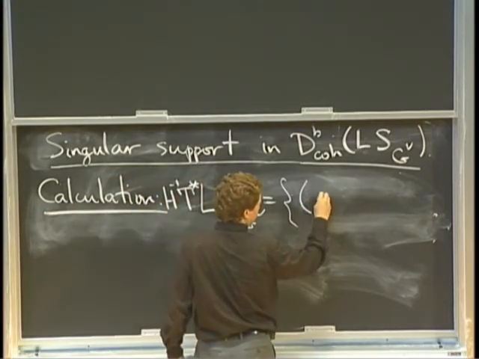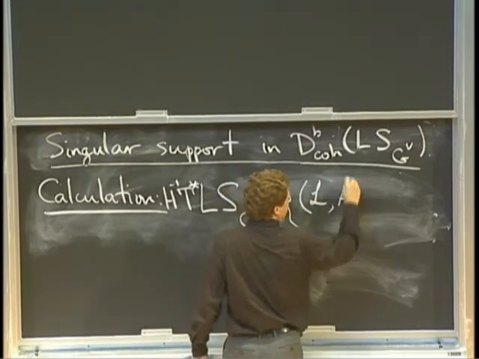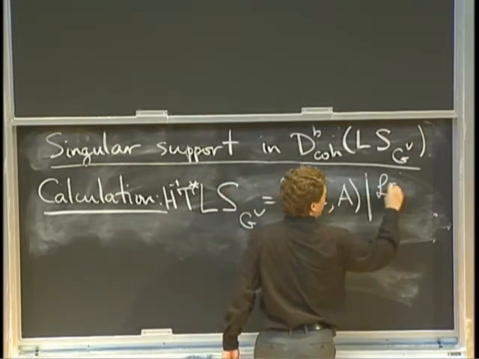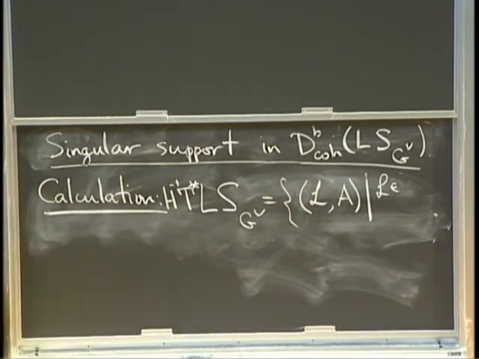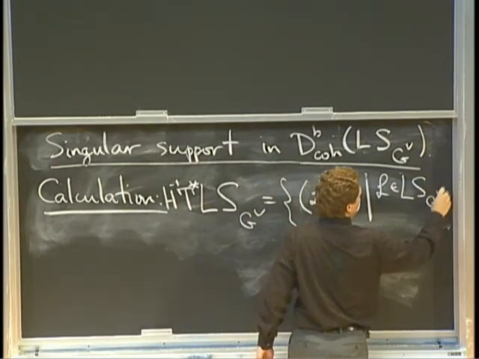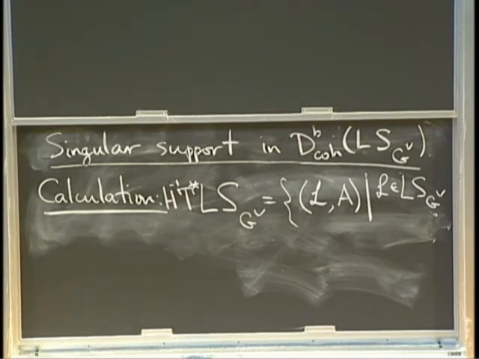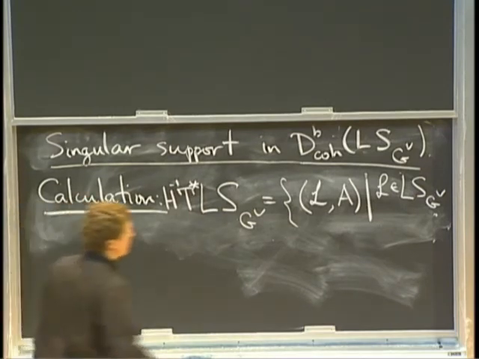I was using L and A, where L is the point in the base, so this picture on S. So L is a local system. And A is an infinitesimal symmetry of this local system.